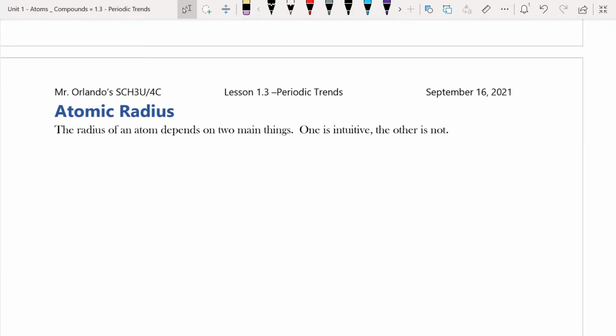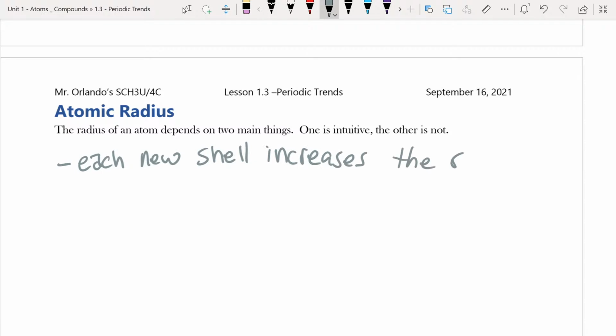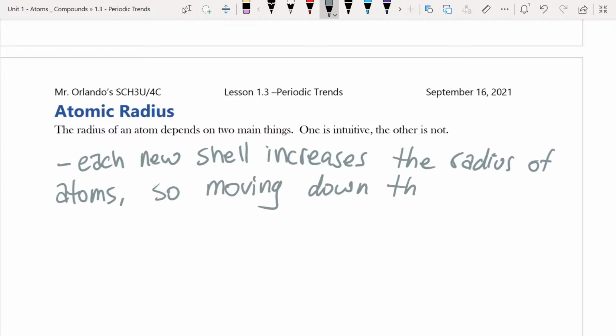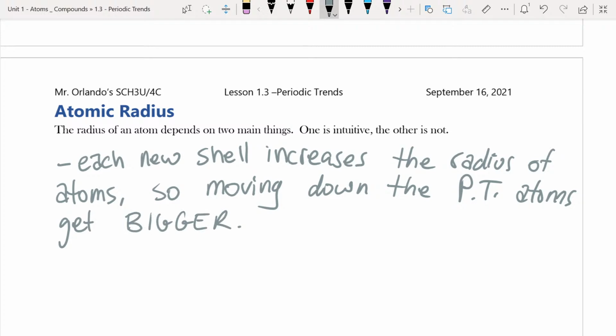So, each new shell increases the radius of atoms, so moving down the periodic table, atoms get bigger. Okay, that seems pretty logical, right? We all cool with that?